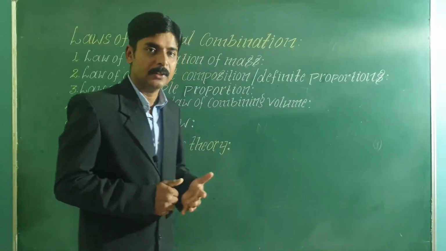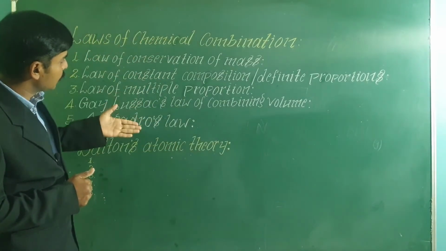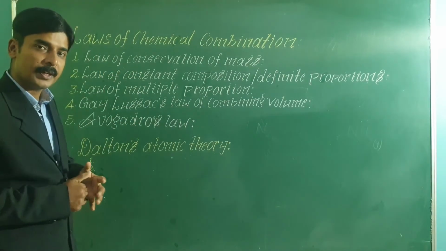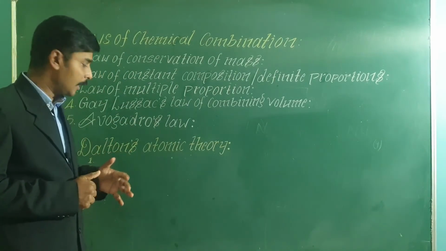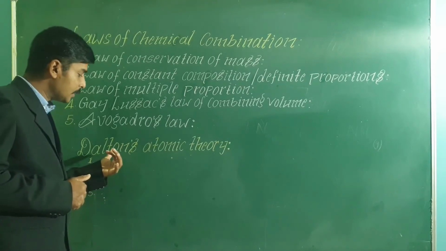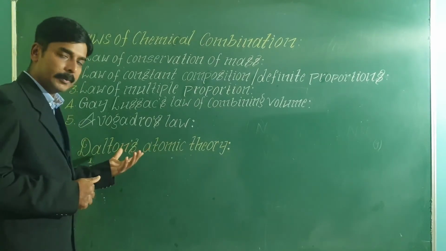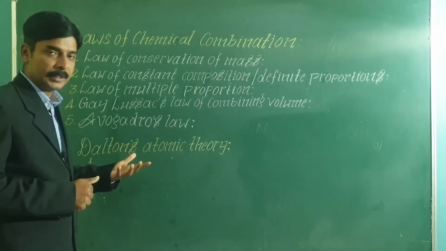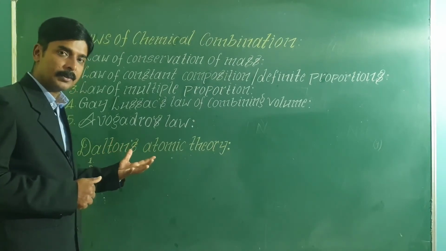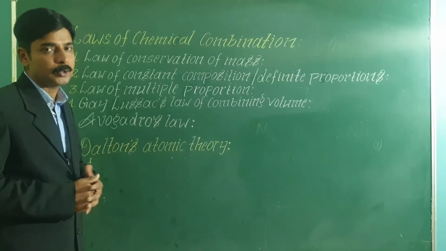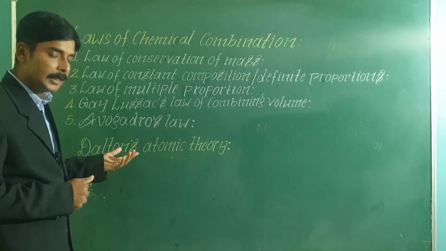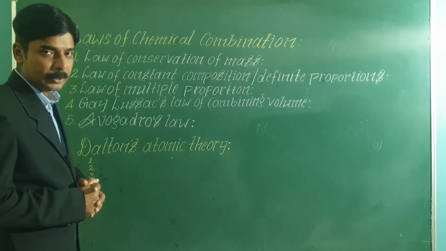After studying all these 5 laws of chemical combination, finally he proposed his theory called Dalton's atomic theory. So what are the main points of his theory? All these main points are called the postulates. So let us study the postulates of Dalton's atomic theory.